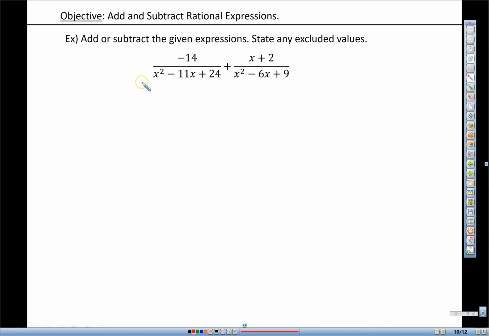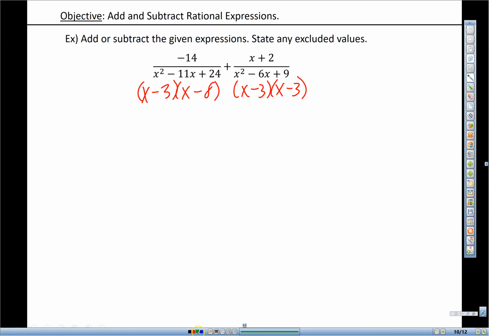So the first denominator factors into x minus 3 times x minus 8. The second factors into x minus 3 times another x minus 3. So this trinomial x squared minus 6x plus 9 is a perfect square trinomial because it factors into x minus 3 quantity squared.